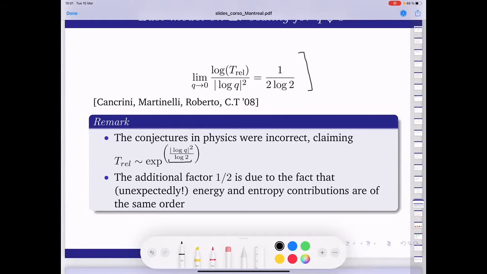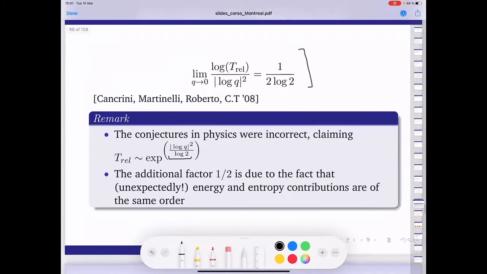This K0 is such that the finite volume on which I stop, 2 to the K0, is of order 1 over Q, which is the equilibrium distance among empty sites. You can iterate that inequality and you get this result.